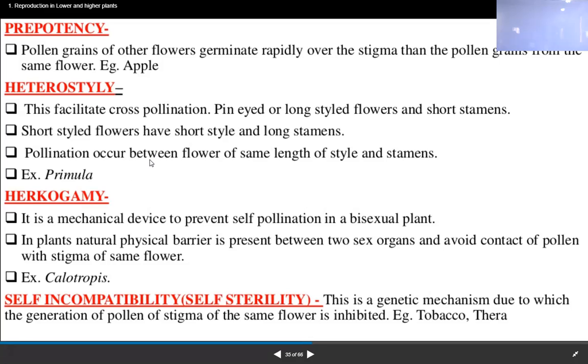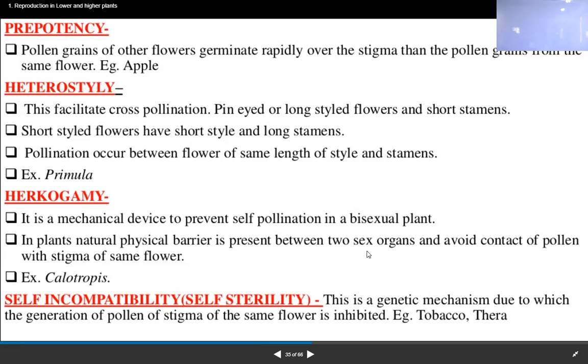Then you have herkogamy. Herkogamy is a mechanical device again to prevent self-pollination in a bisexual plant. In plants, natural physical barriers are there. It's present between two sex organs and avoids contact of pollen with stigma of the same flower.